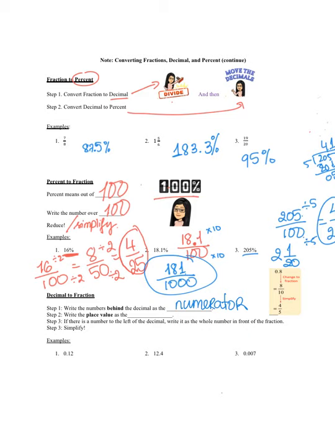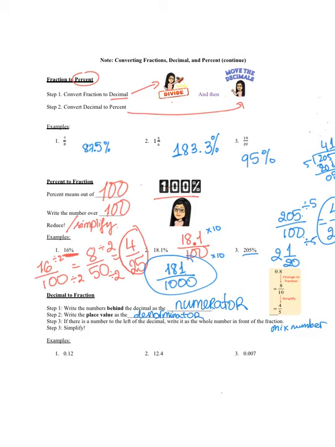Write the place value as the denominator. If there is a number to the left of the decimal, write the whole number in front of the fraction. Kind of like a mixed number. I'll show you in just a moment. And we simplify it, okay?